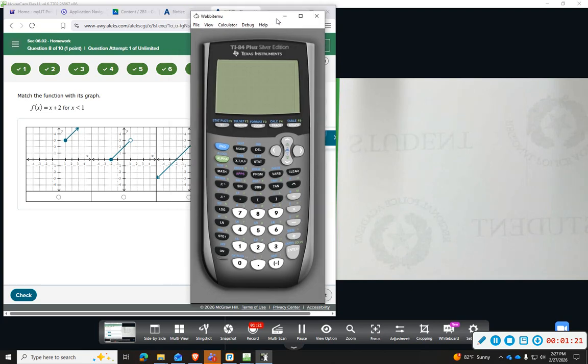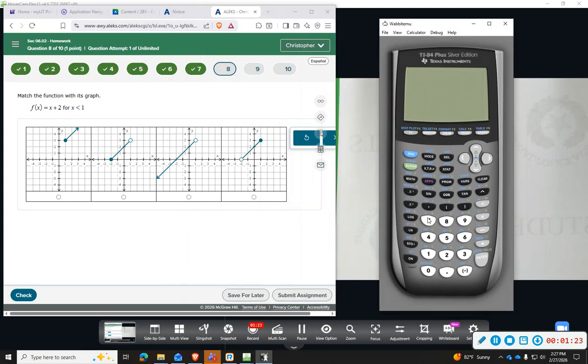So I'm going to go to y equal. I'm going to turn this on. Now, when you want to graph a piecewise function, we want to put our equation in parentheses. So I'm going to open parentheses, and then type the x plus 2, and then close parentheses.